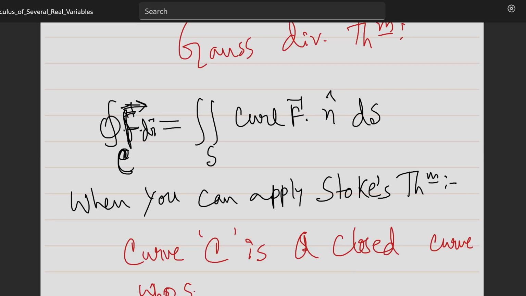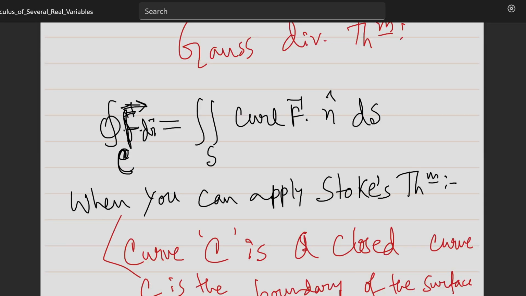Okay, so where I was, the curve is a closed curve. What is C? C is the boundary of the surface S. That means the boundary of the surface is a closed curve.